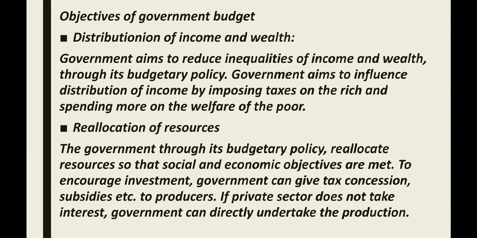For example, government discourages the production of harmful consumption goods like liquor, cigarette, etc. through heavy taxes and encourages the use of khadi products by providing subsidies. If private sector does not take interest, the government can directly undertake the production, especially in the case of roads, bridges, etc.